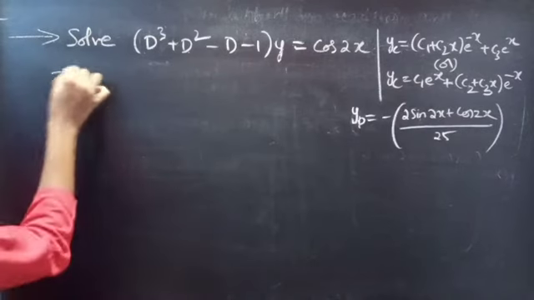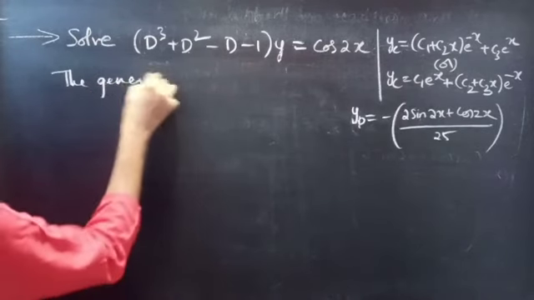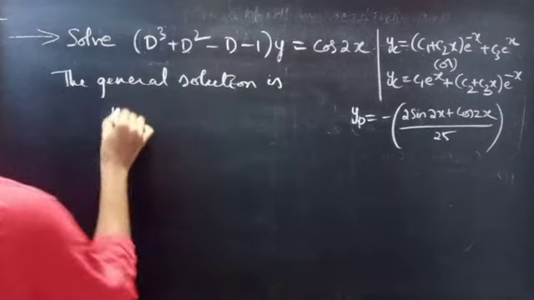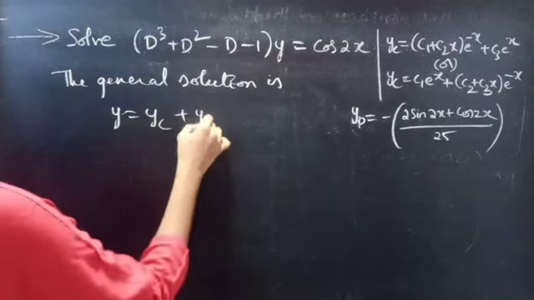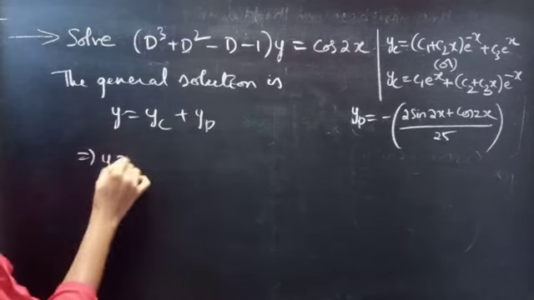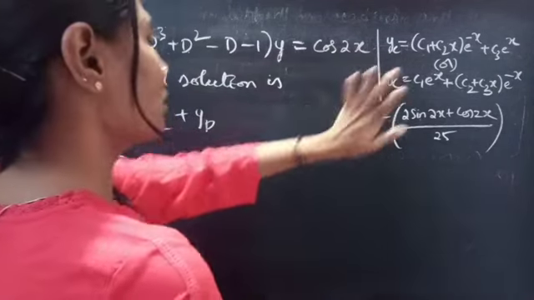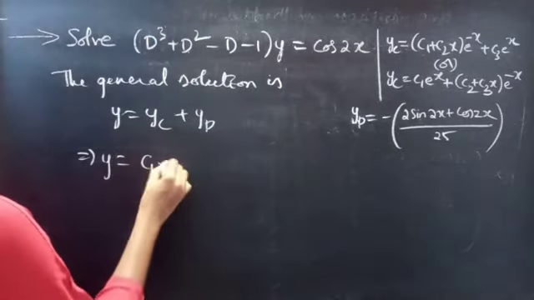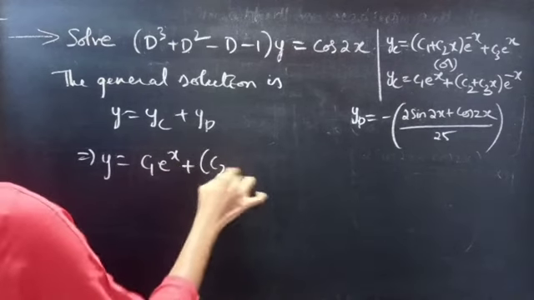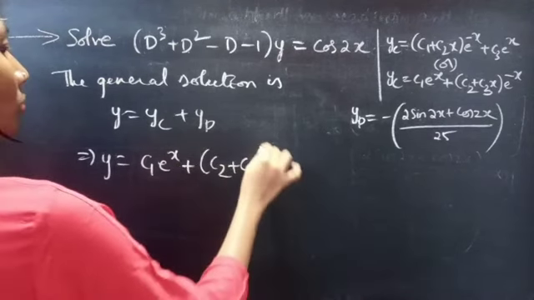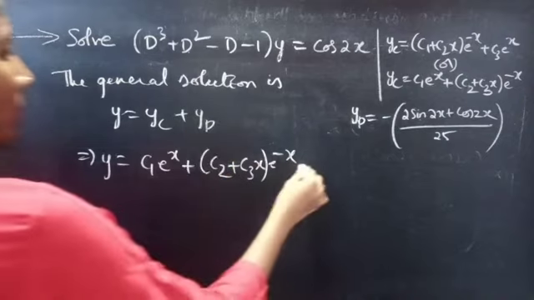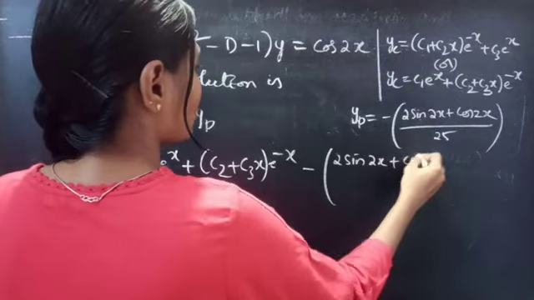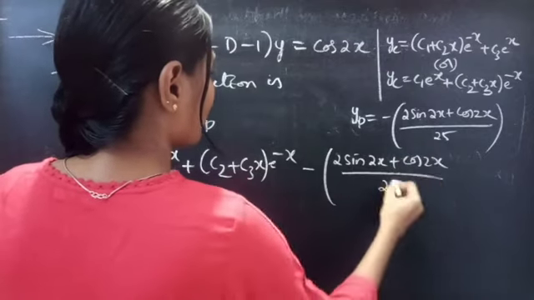Now let's write the general solution. The general solution is given by y equals yc plus yp. Then y equals, you can choose any of these yc. Okay, I'll choose the second one: c1 e power x plus (c2 plus c3 x) into e power minus x, plus yp, minus of (2 sin 2x plus cos 2x) by 25.